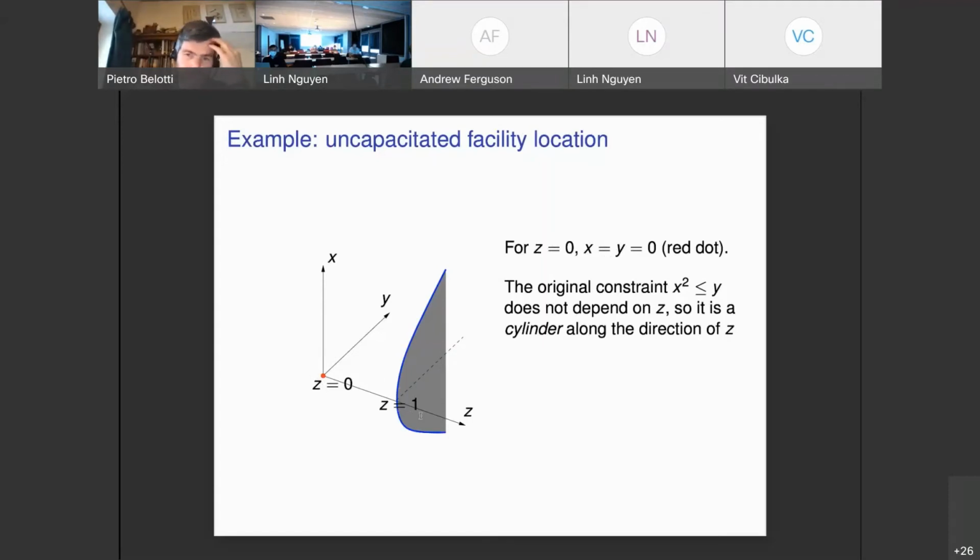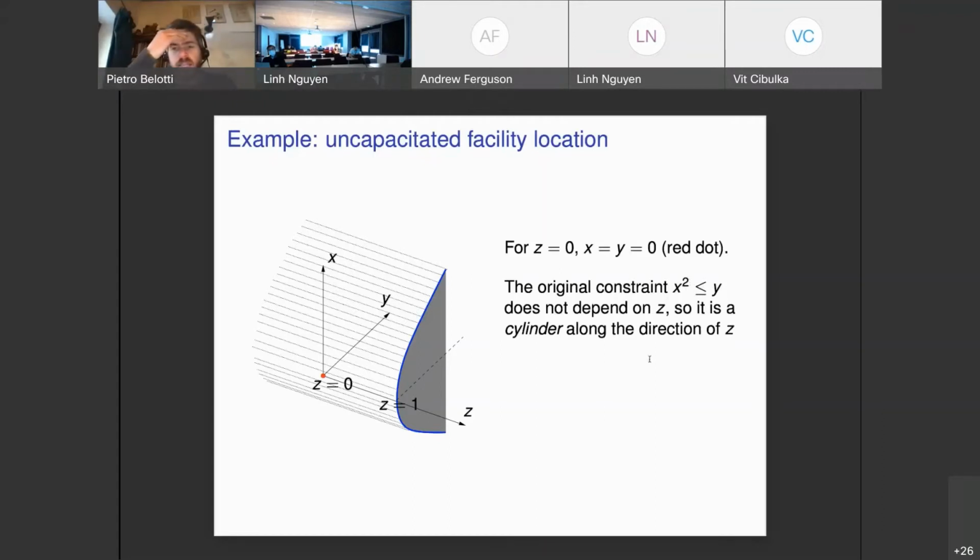If z is equal to 1, then we allow x and y to be non-zero, but we impose the constraint that y be greater than or equal to x squared. If we write the constraint just like that, and then enforce that z equals 0 implies x and y both equal to 0, then what we get is a geometric representation which is basically just a cylinder whose basis is this parabola x squared less than or equal to y.